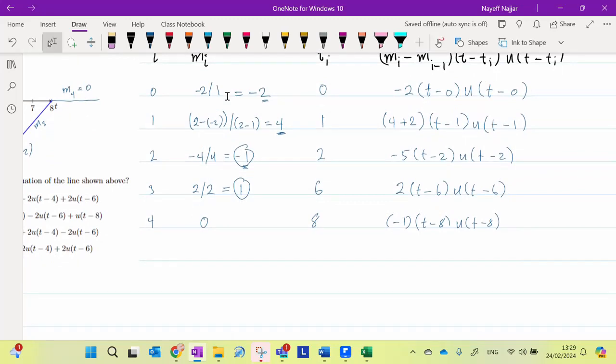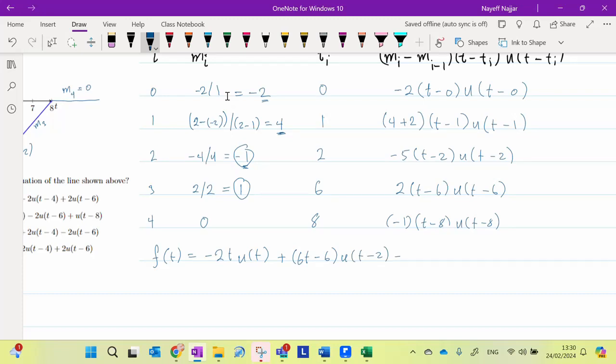And then you can write f of t. Of course here you can distribute the multiplication over the addition, so this is going to be minus 2t u of t, plus 6t minus 6 u of t minus 2.